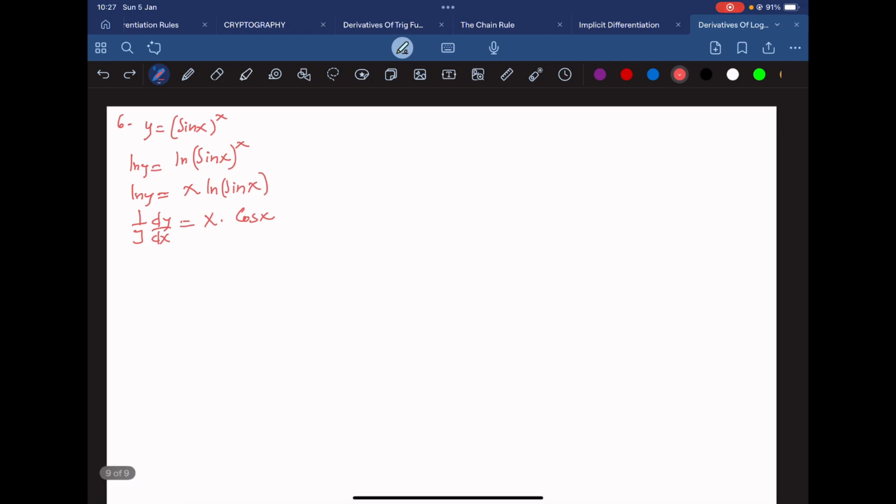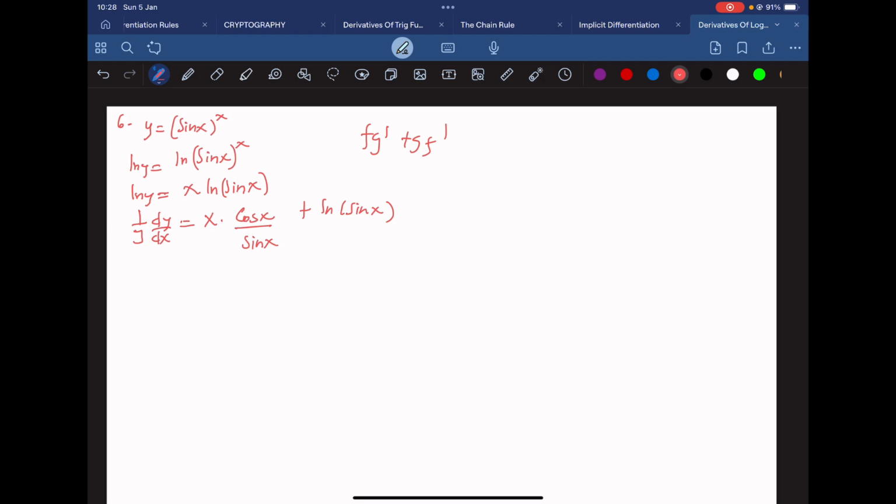Then you divide by what is inside, so you have sine x, then plus, now we differentiate x, we have 1, then we have just ln of sine x left. We are using the product rule, which is f g prime plus g f prime.